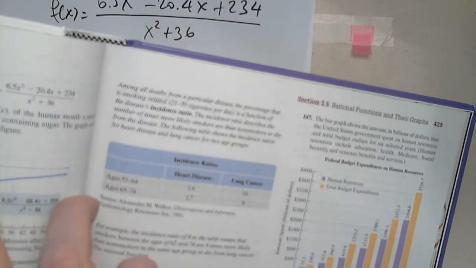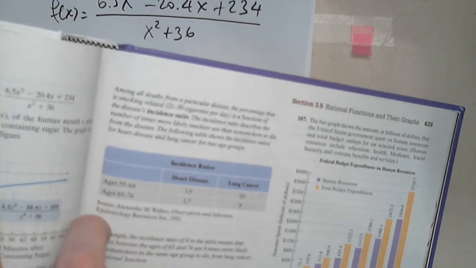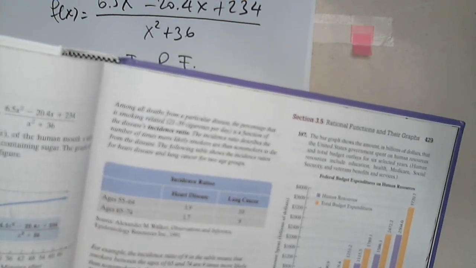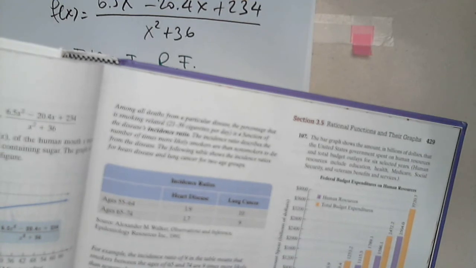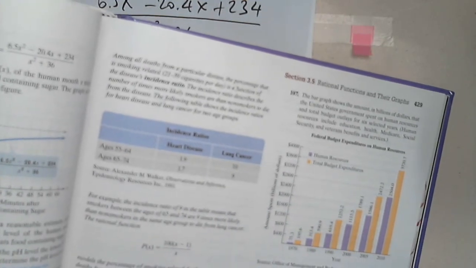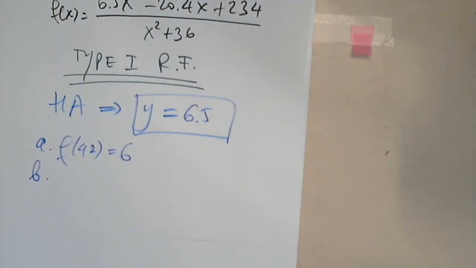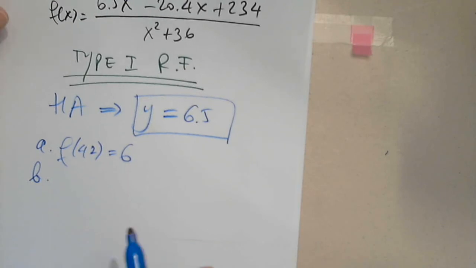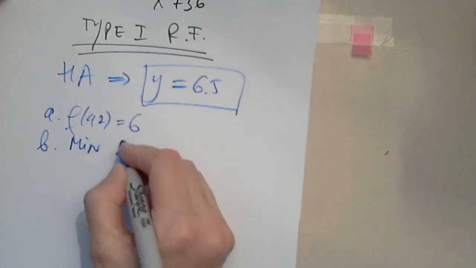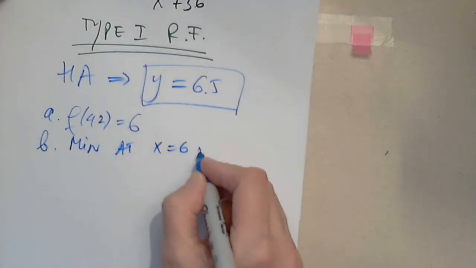So remember when we said, where is the minimum? At 6. How much is it? You have to estimate. 4.8, 4.9. Perfect. That's fine. So minimum at x equals 6 minutes.